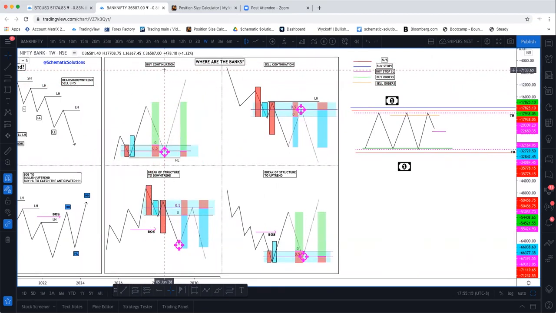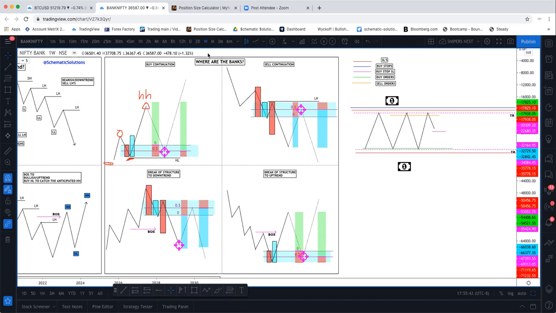For the buy continuation, looking at price, we came from a low point and we made a high point. We then retraced down here and we made a higher high. Once we confirm this as our higher high, that confirmed this as our higher low.